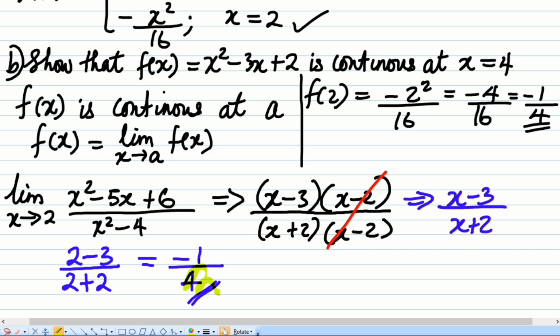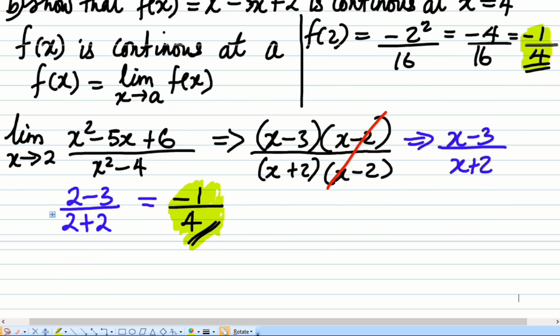Again, notice that we have minus 1 over 4 when we took the limit as s approaches 2 from the first function. And when we put f of 2 in the second function, you see we're having the same value. Okay, we're having the same minus 1 over 4.